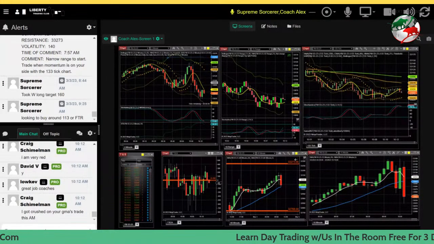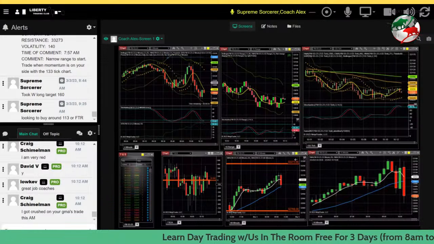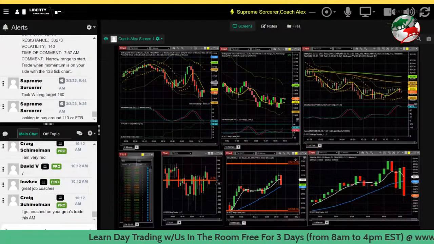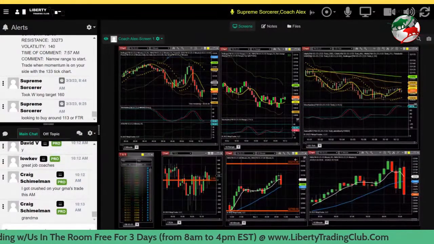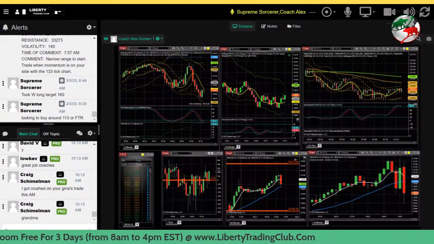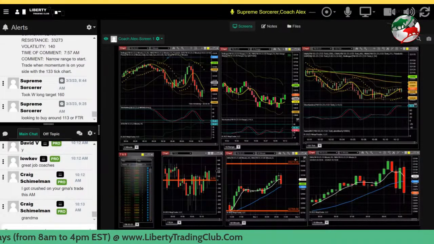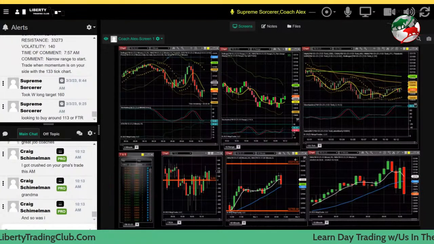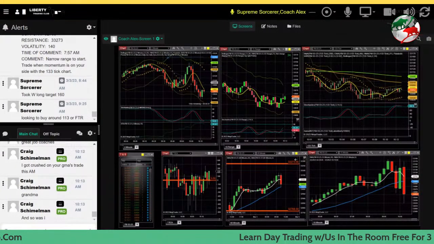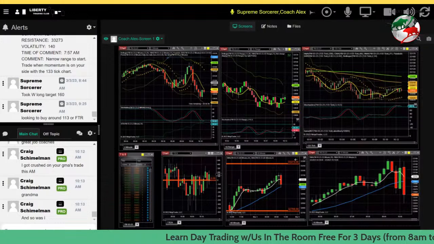the GMA's trade this morning. What's the GMA mean? Grandma was shorting, Craig. If you got crushed, you didn't understand what Grandma was doing. They were shorting the rallies to get a 140-point winner.